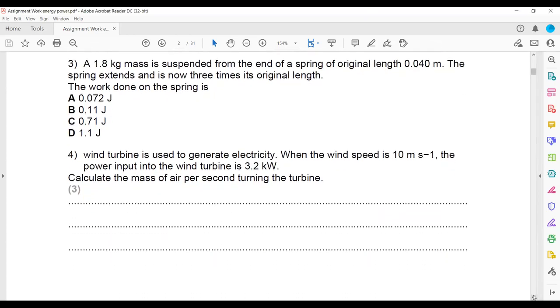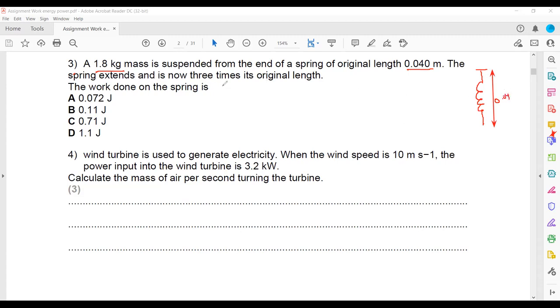In question 3, a mass of 1.8 kilogram is suspended at the end of a spring which has an original length of 0.04 meter. Original length means the length of the spring without any load.